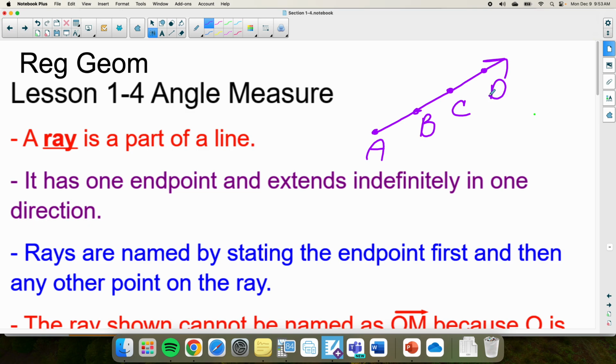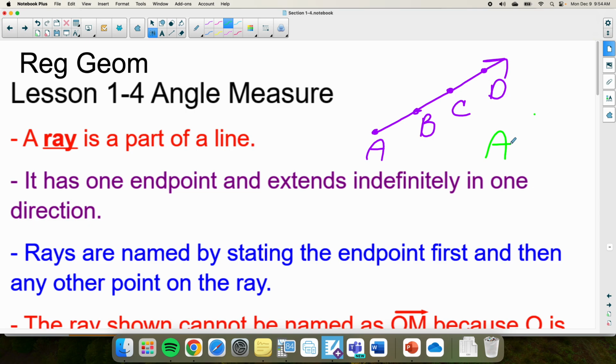When you name a ray, this is important, you don't get to choose any two letters. When you name a ray, you have to start with the end point of the ray and one point on the ray. So it has to start with A, but once I start it with A, I could put AB or AC or AD.